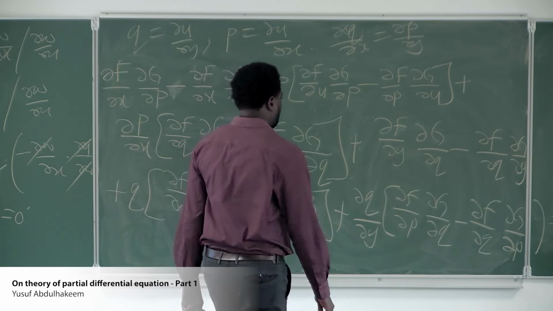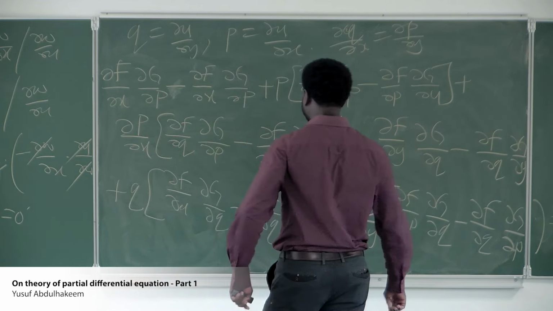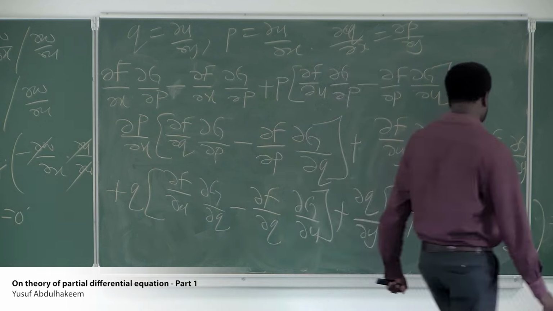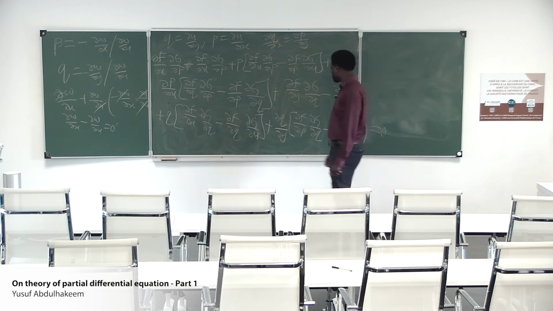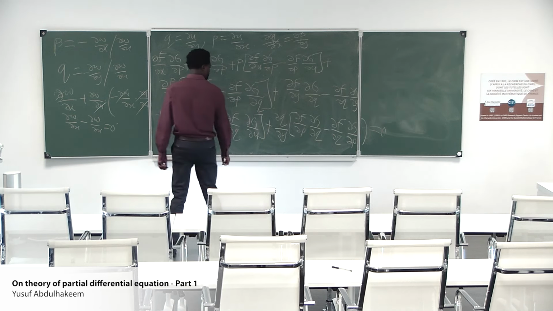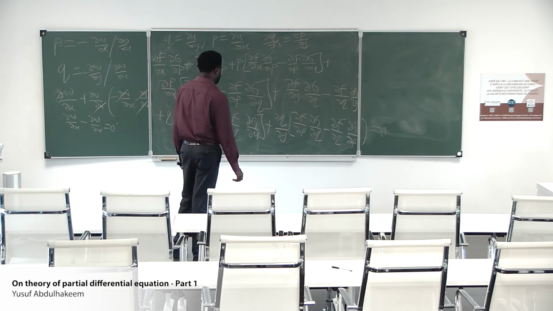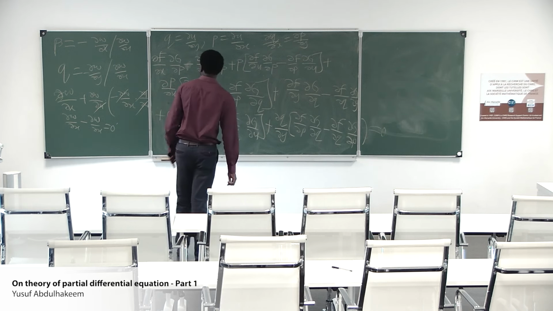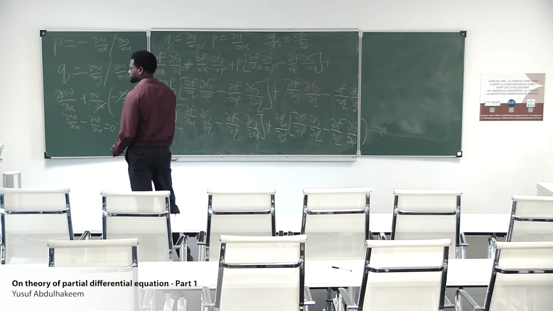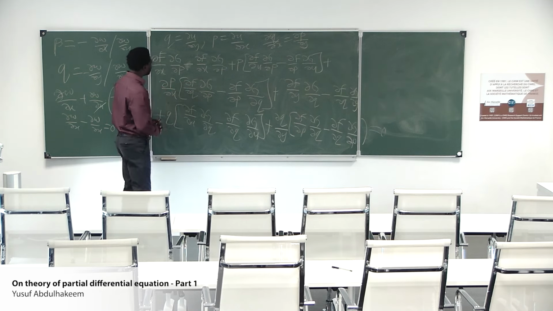Of course, we know that we can have this dg dp, and then here also dg dq dg dp. Now let us look at this.